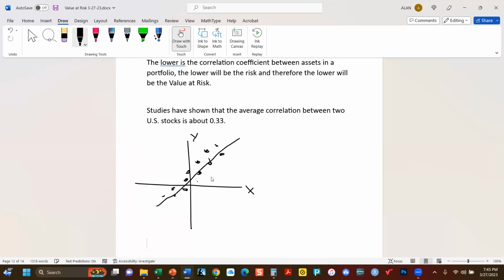All right, it's hard to draw this with the mouse. So what this is telling me is that the correlation, which we'll designate with the Greek letter rho, is positive. There's a tendency for both of them to either rise or fall at the same time. So this rho is the correlation coefficient.